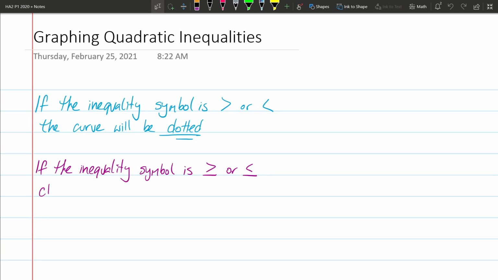I can't spell. That is not how you spell curve. Curve will be solid. That may actually be the hardest part.